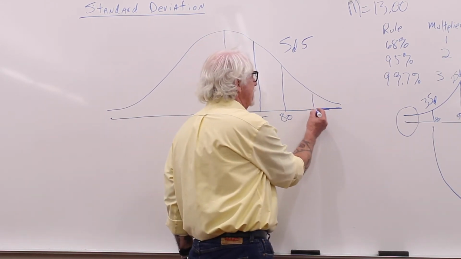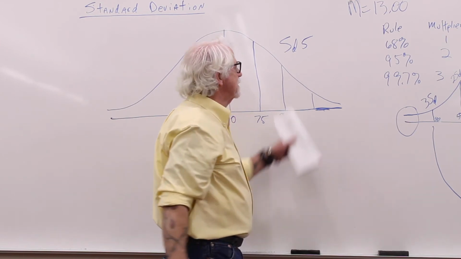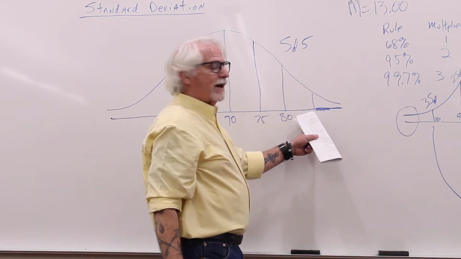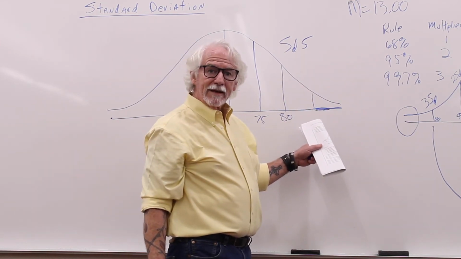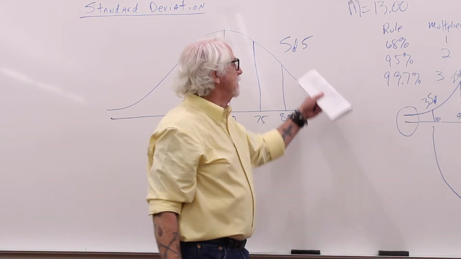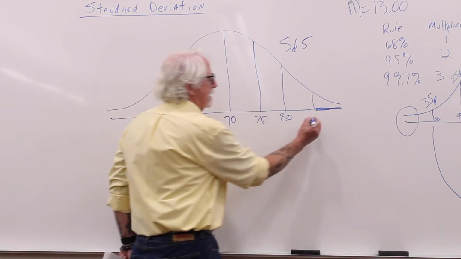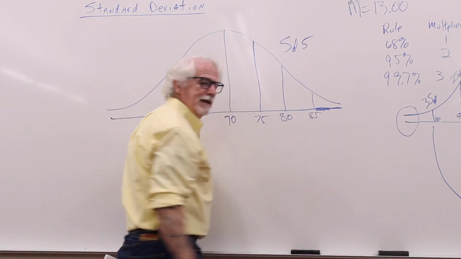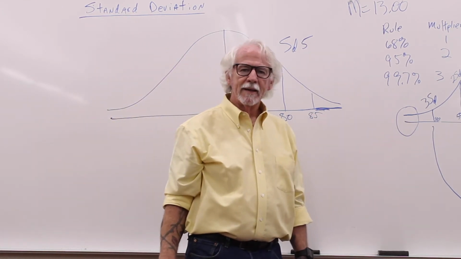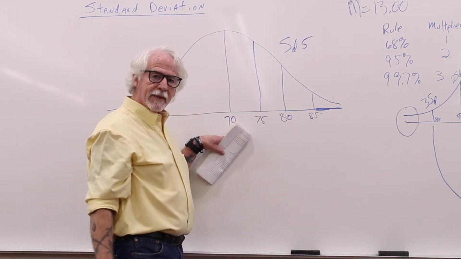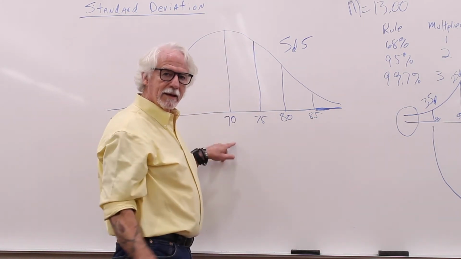Because this is still 1, 2, 3 standard deviations. If I want to know what the high score is for 99.7% of the people, 5 times 3 gives me 15, plus the mean is 85. Isn't that the mean? This is the mean. Oh, okay, you said median. Mean.